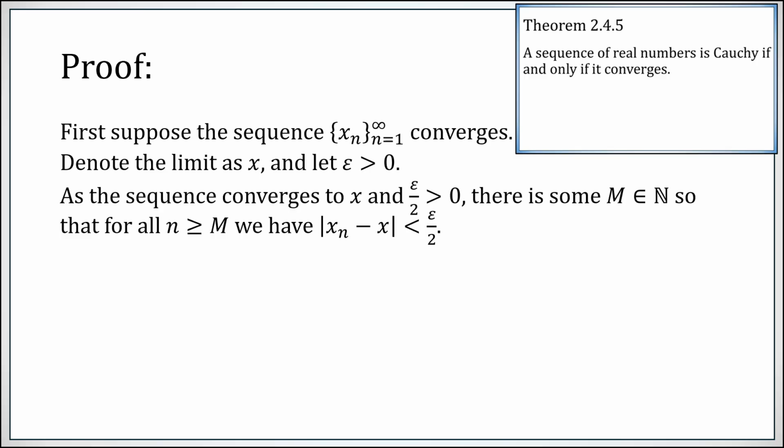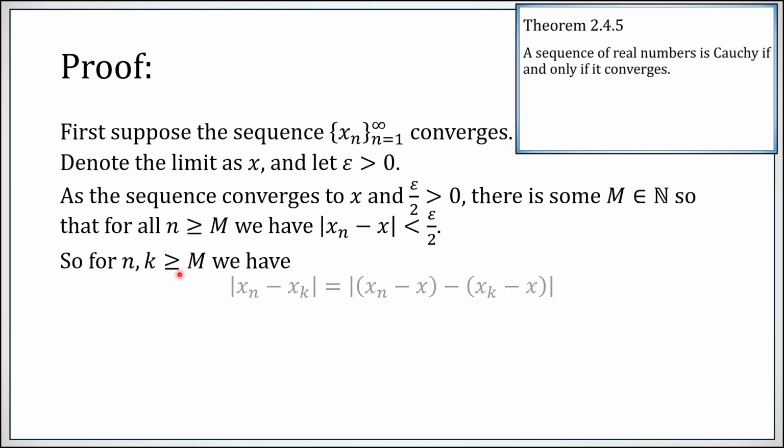Because the sequence converges to x, there is an index M so that for all indices past M, the distance to the limit is less than half epsilon. So now pick two indices past that point. We want this to be less than epsilon, but I can just throw in a minus x plus x and throw the triangle inequality at it.